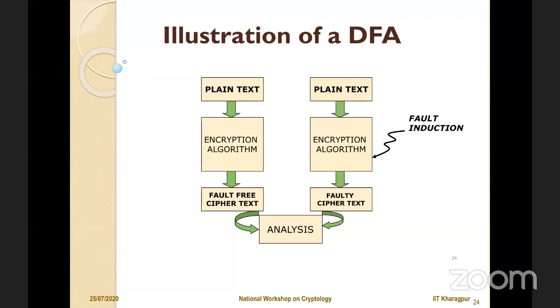Therefore you get a faulty ciphertext, and now you analyze the fault-free ciphertext and the faulty ciphertext and try to obtain the secret key. So this is the basic idea behind how this technique works.